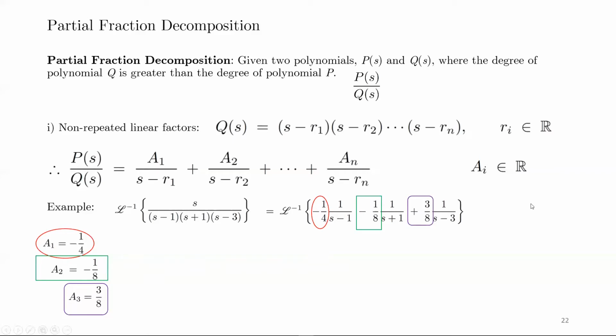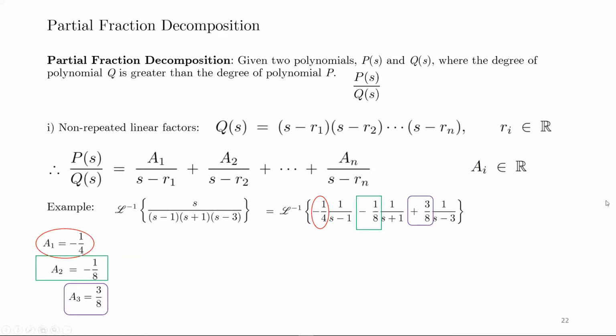The Laplace transform is linear, so I can evaluate each of these individually. In fact, I can pull out these constants, negative 1/4, negative 1/8, and plus 3/8, out front as well because they're just constants, and the Laplace transform is linear.